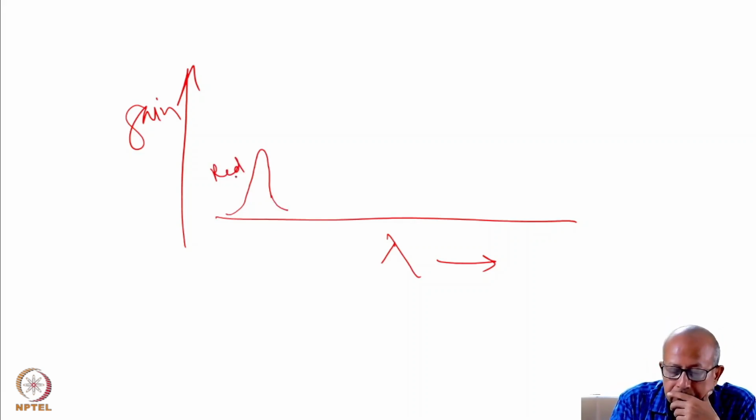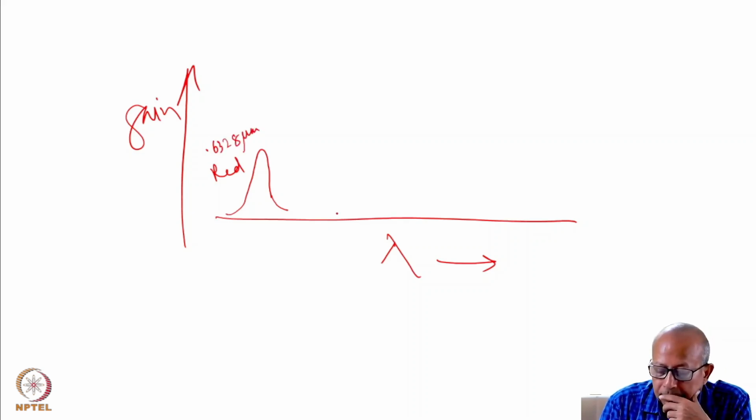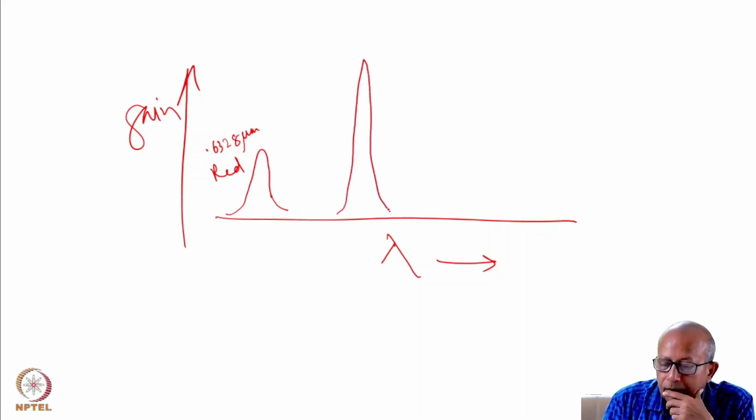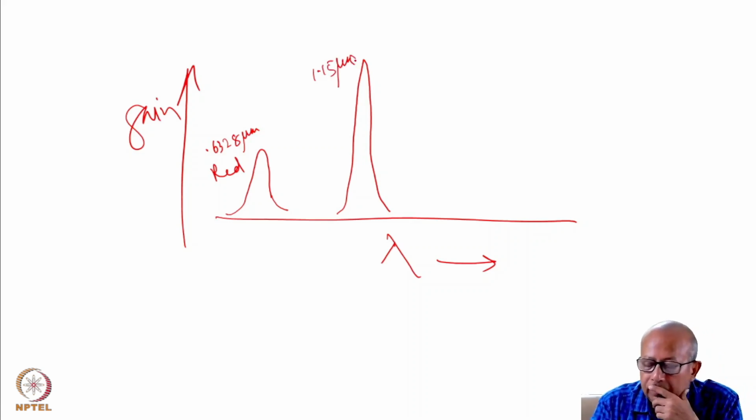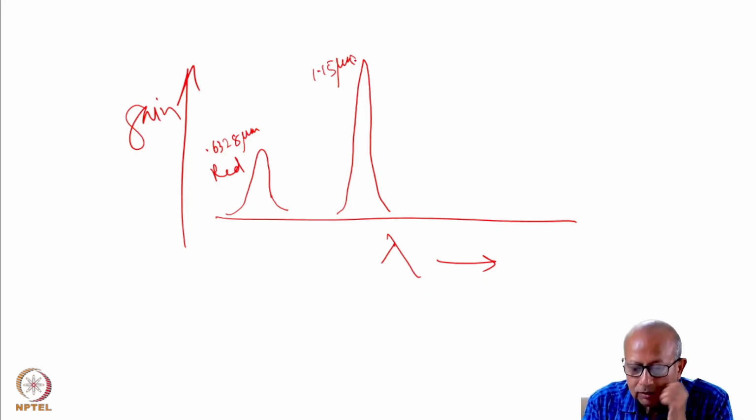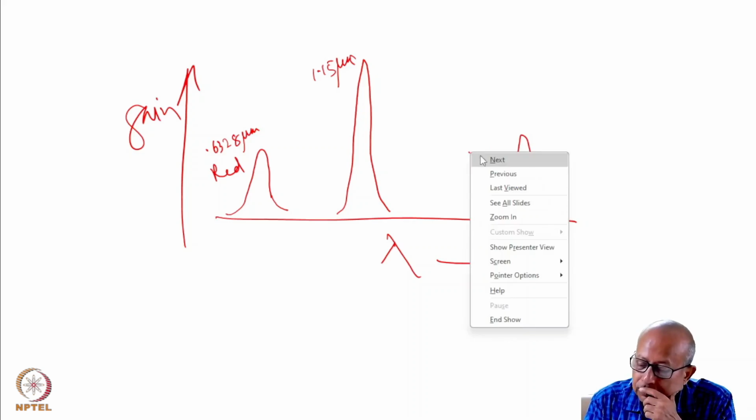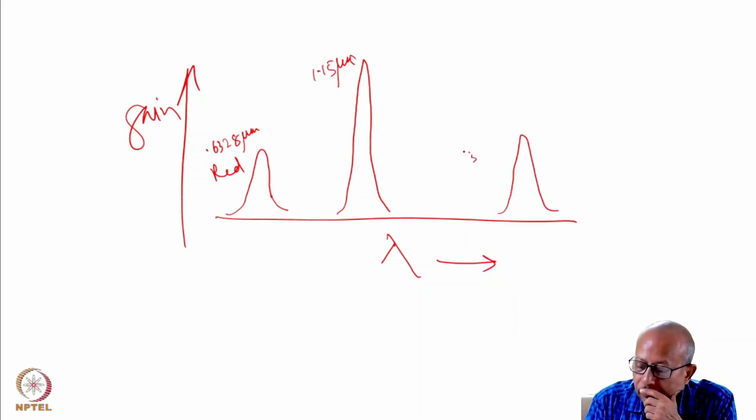So this is at 0.6328 micrometer. Then the next one, which has the highest gain, is the infrared transition, which is at 1.15. And then the third transition, the second infrared, which has intermediate gain, is at 3.39 micron.